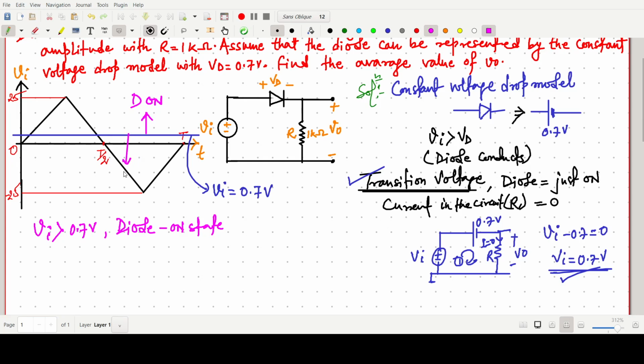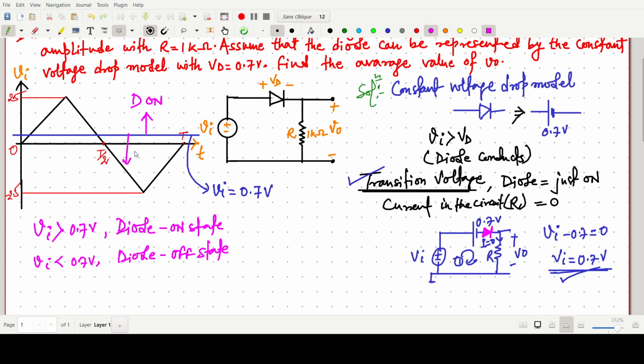Below this line, when Vi is less than 0.7 volt, say 0 volt or a negative voltage, if we consider an ideal diode, it is reverse biased. So below this line, Vi less than 0.7, the diode will be in the off state. It is very important to know this. If this is an ideal diode, then Vi equals 0 is a line on the x-axis.